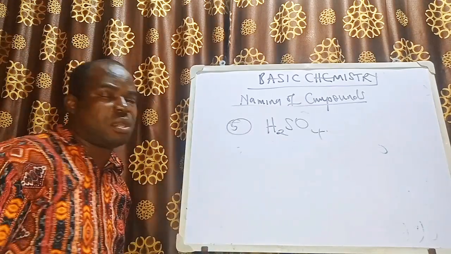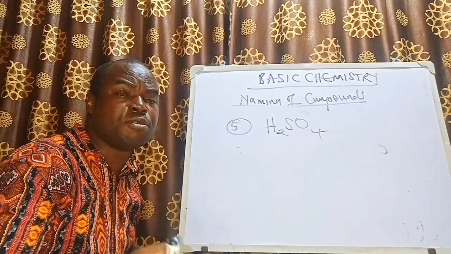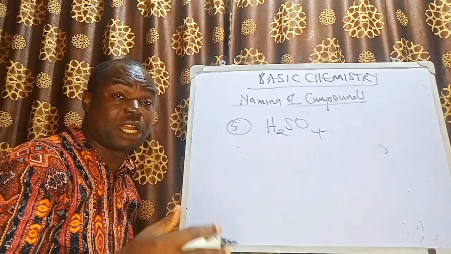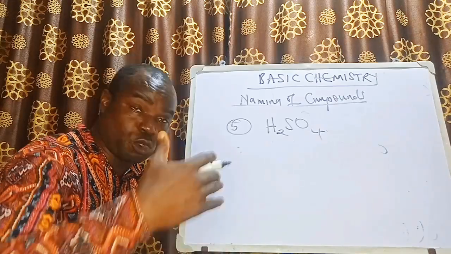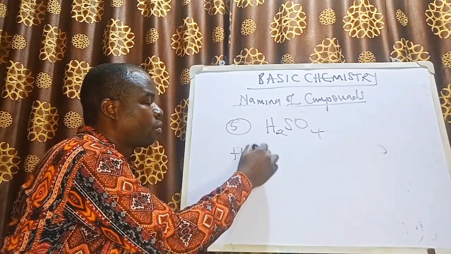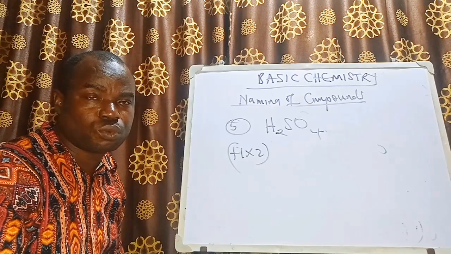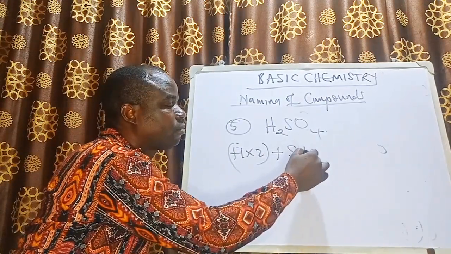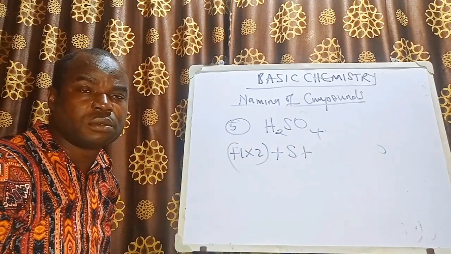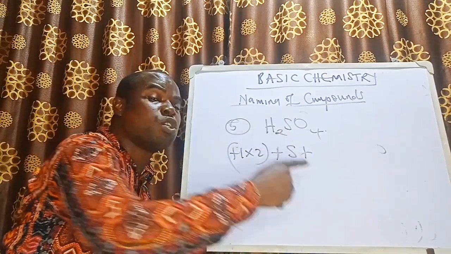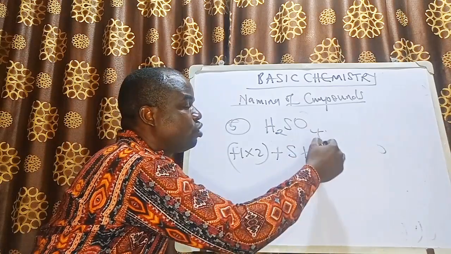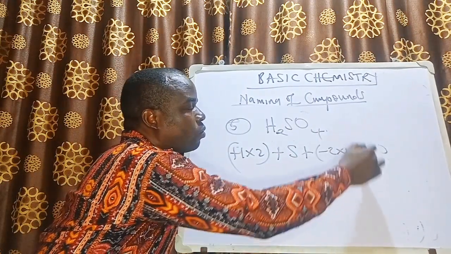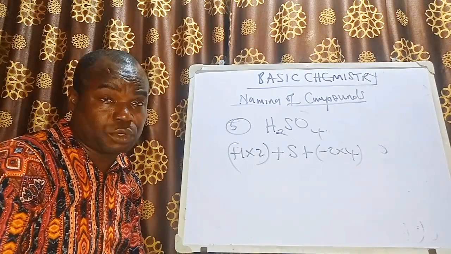Now, what is the middle element here? The middle element here is sulfur. So let's first calculate for hydrogen. Now we have hydrogen is +1. I told you, once it starts a compound, it's +1. Times 2, because it appears 2 times. We now have plus S. Are you following now? Because we are solving for the middle element. Don't forget, always solve for the middle element. Then what is oxygen? -2 times 4. Why -2 times 4? Because it appears 4 times. Oxygen is -2.